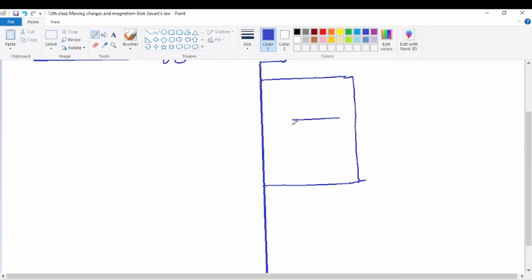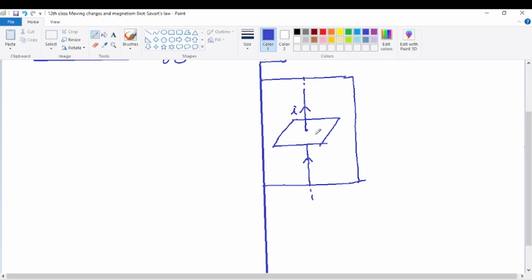Firstly, a horizontal plane is taken, like the plane of a cardboard. Exactly perpendicular to the horizontal plane, passing through the center of this rectangular cardboard, a long current carrying conductor is considered, carrying a current I. It is very, very long, exactly speaking, infinite in length.